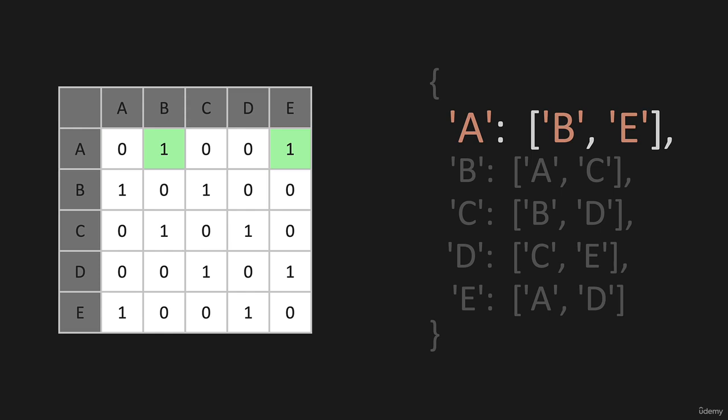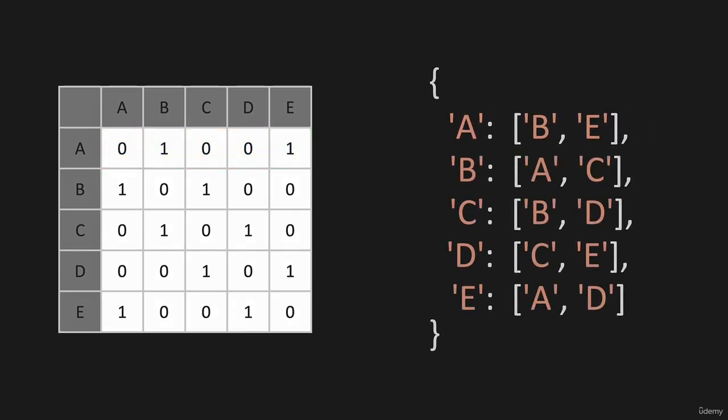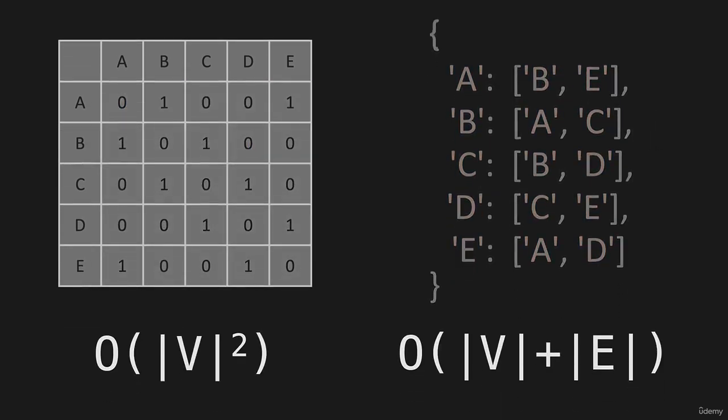So a huge difference between an adjacency list and an adjacency matrix is that in a matrix, each vertex has to store all of the vertices it is not connected to. We have to store all these zeros. So from a space complexity standpoint, the adjacency matrix is the number of vertices squared, where the adjacency list is the number of vertices plus the number of edges.